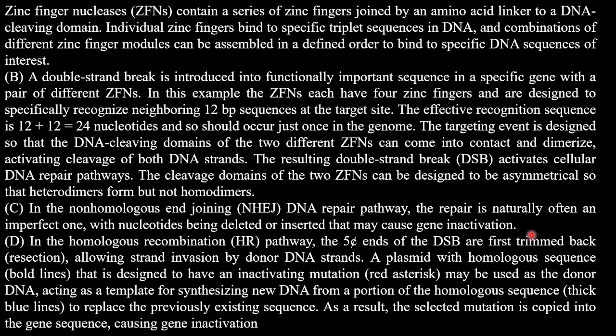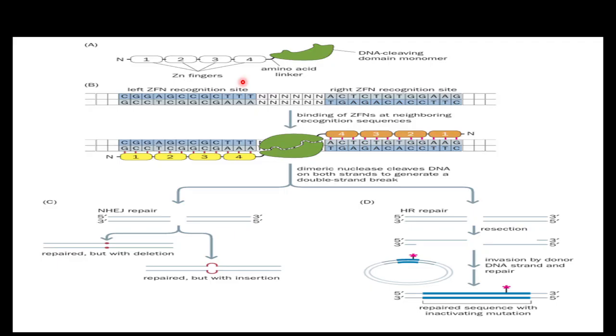So here you can see why these nucleases are called zinc finger, because they have the zinc molecule in them, and they have the DNA binding domain as well as the cleavage domain. So the DNA binding domain will bind to the DNA and the cleavage domain will cleave the DNA.